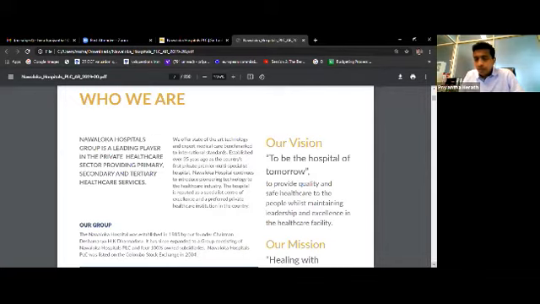Even if you take John Keells, they have a property segment, a leisure segment, banking or financial services, insurance. A number of sector SBUs are there.